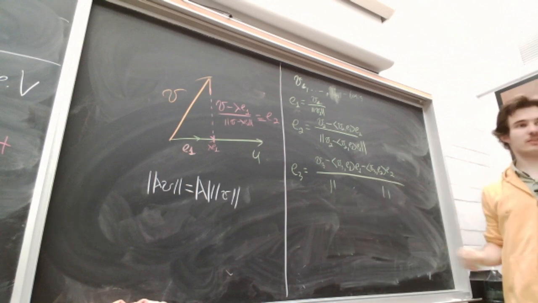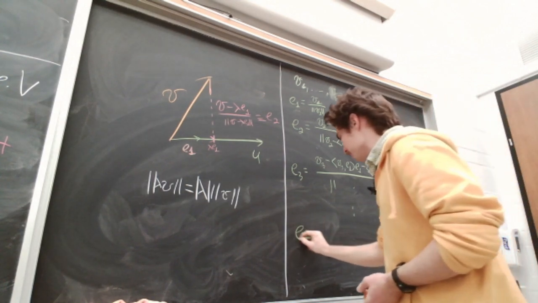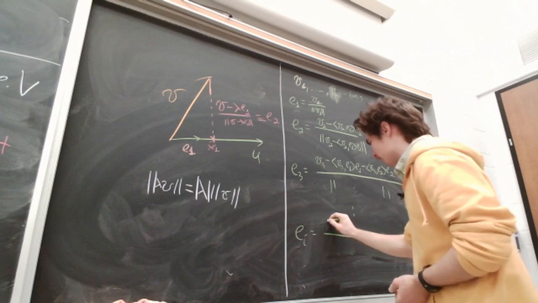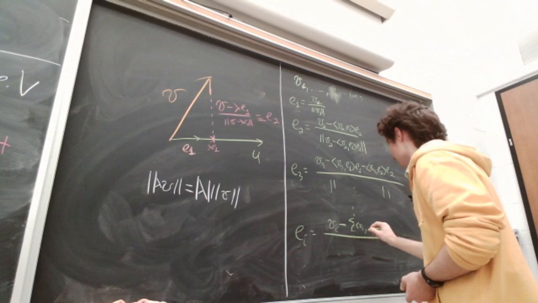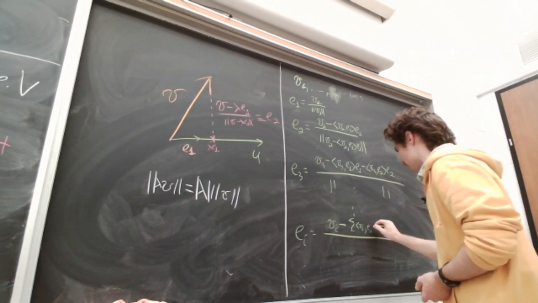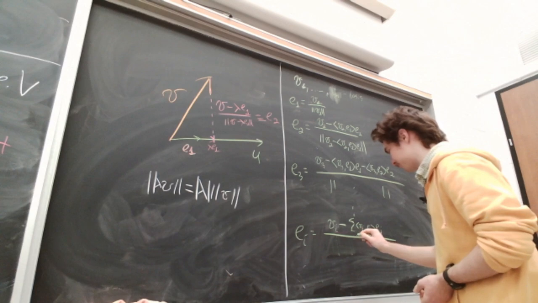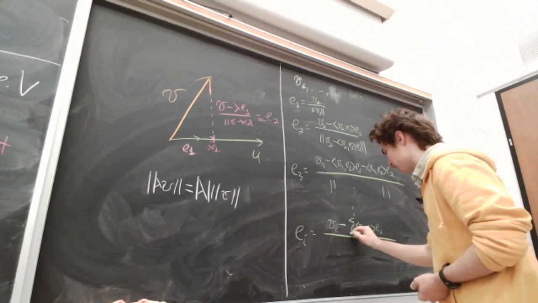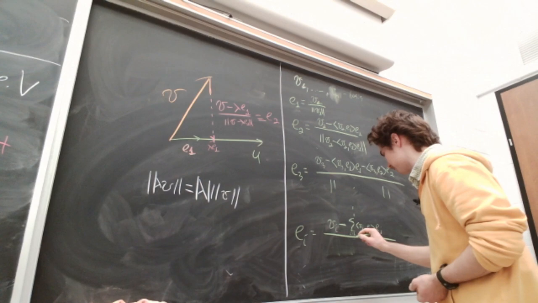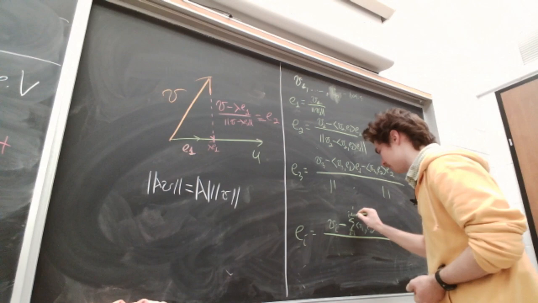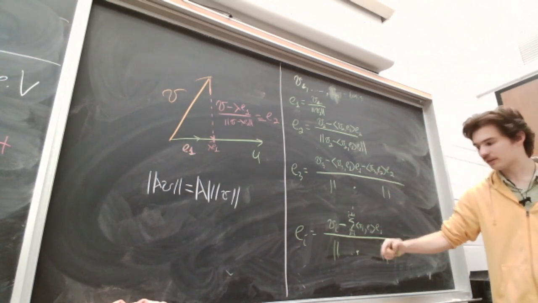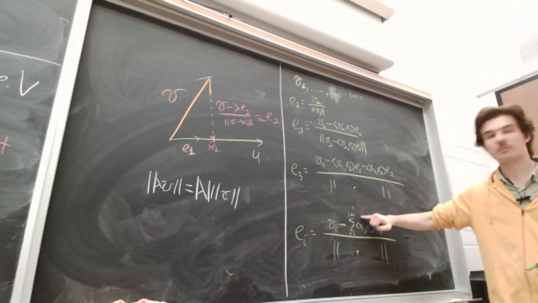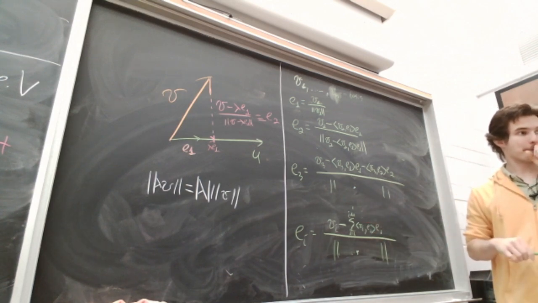And you keep going like this, where EI is going to be VI minus the sum of the inner product of VI with EJ times EJ, I should have proven a different thing first, but that's okay. Sorry, this is J from 1 up to I minus 1. When I write a norm like this with a dot in the center at the bottom of the fraction, I mean just divide by the norm of the thing up top.